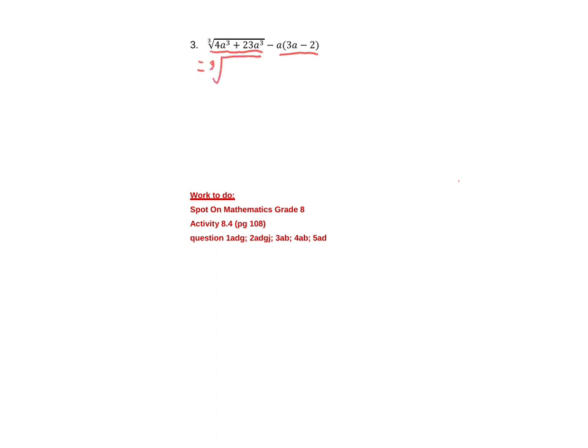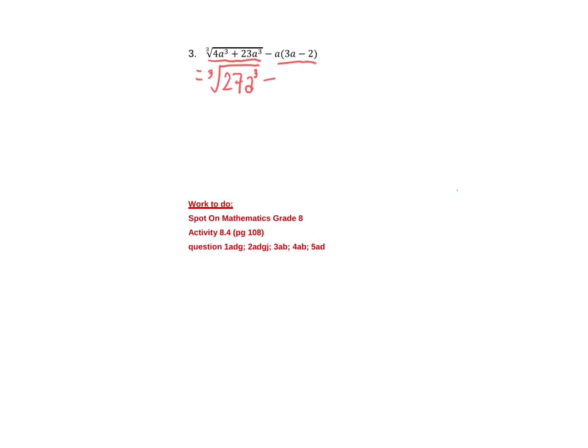And so the cube root of 27a to the power of 3 is what the first term becomes, and from that we subtract a multiplied by 3a, which is 3a squared. Then negative a is multiplied by negative 2, and negative times a negative is a positive, and then 1 times 2 is 2, and a times no variable is a.